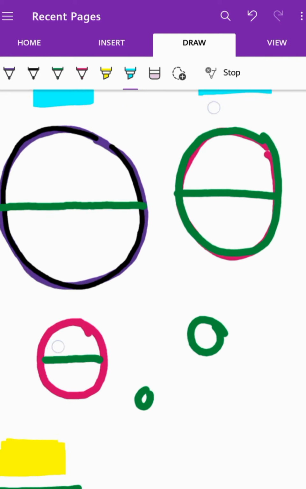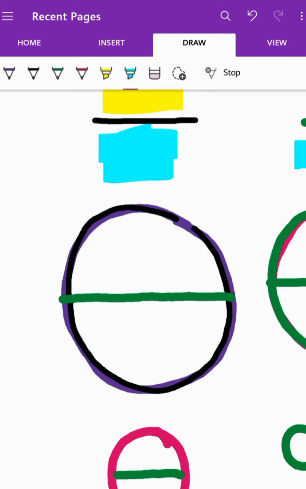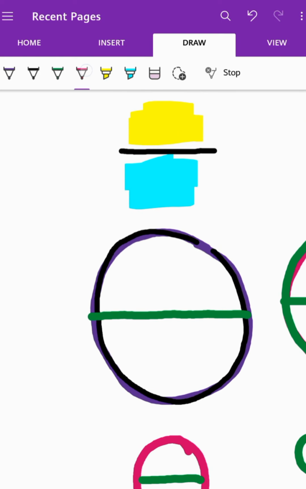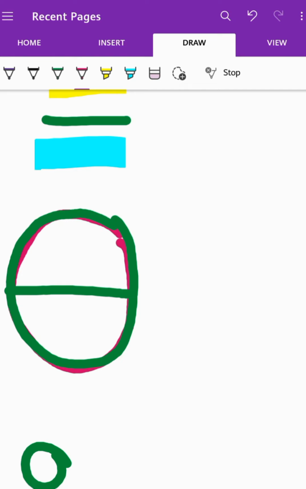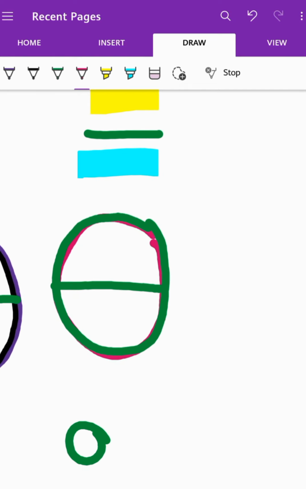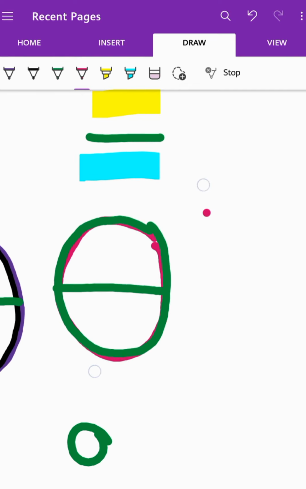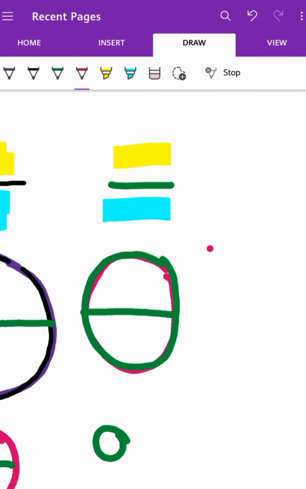When they measured the big circle and divided it by its diameter, they found it equal to 3.14. When they measured this circle, the path, and divided it by the diameter, they figured out it's 3.14.